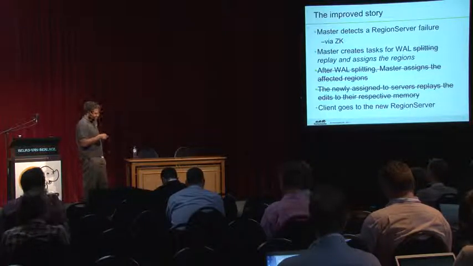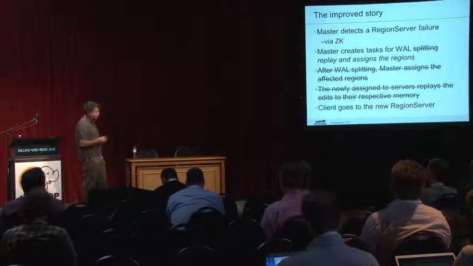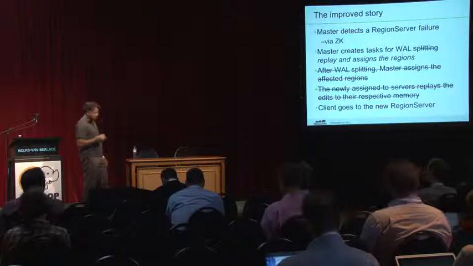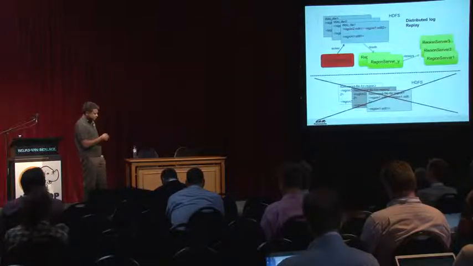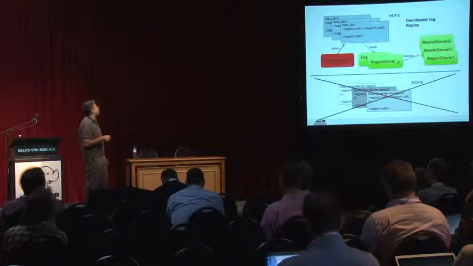And then the wall is replayed, and after that, the client goes to the new region server. So there is a bunch of I/O that is saved here, which I'll show pictorially. The region server was writing to the wall files, and a bunch of wall files got created, and these are read by the wall replay tasks that get created.